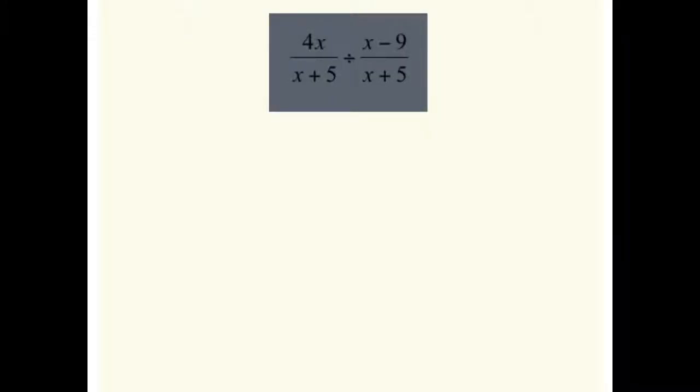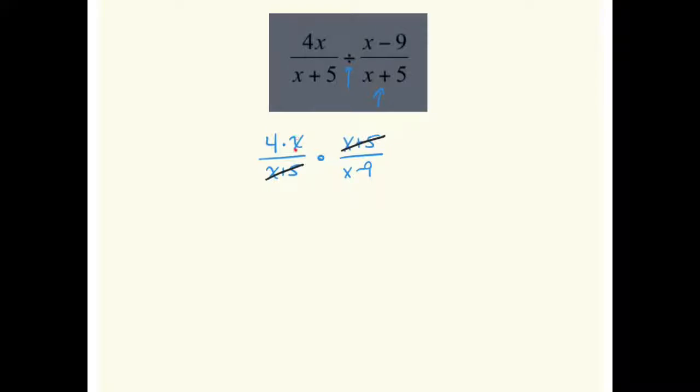Let's do another example. Again, we have 4 times x over x plus 5 times, okay, we're changing this to multiplication, so we're going to use the inverse of the second fraction, x minus 9. Now we don't have a whole lot more here we can cancel out, but x plus 5 and x plus 5 can be canceled out.